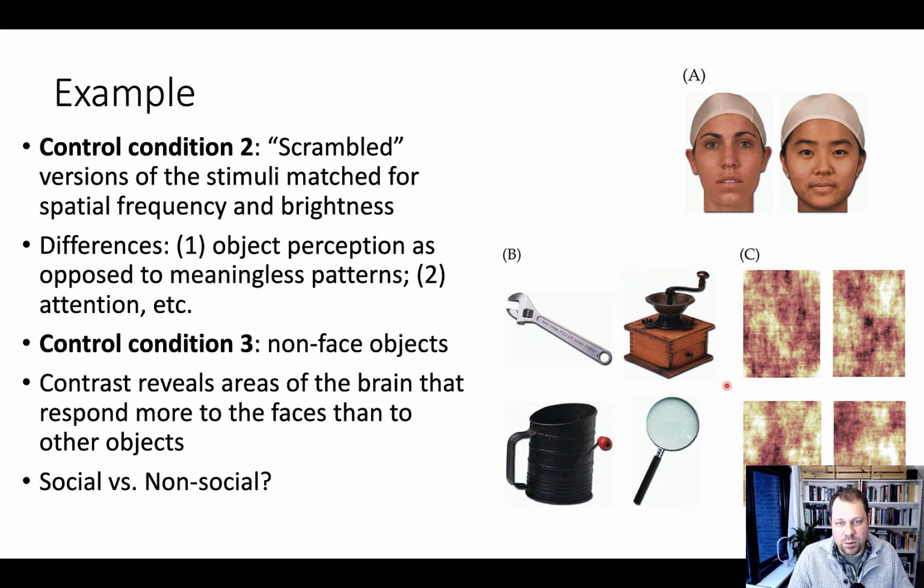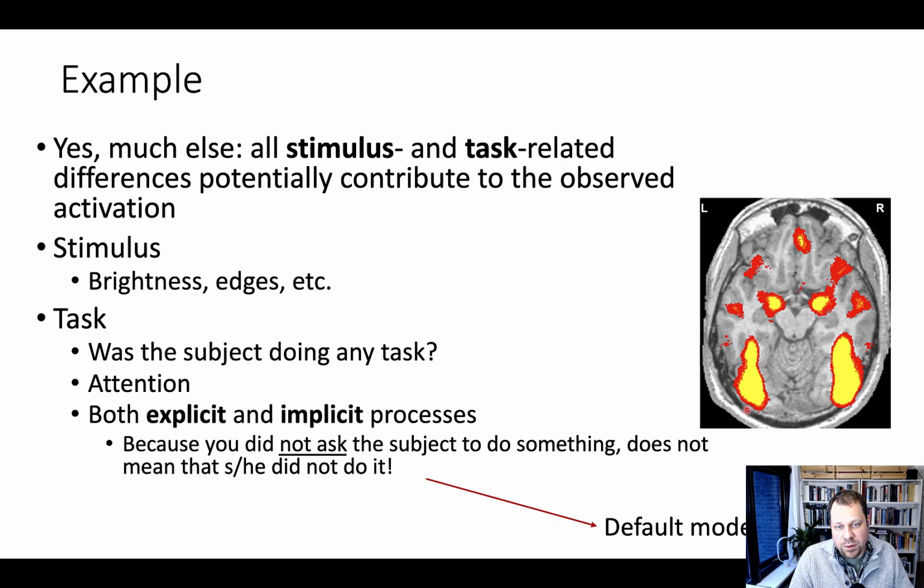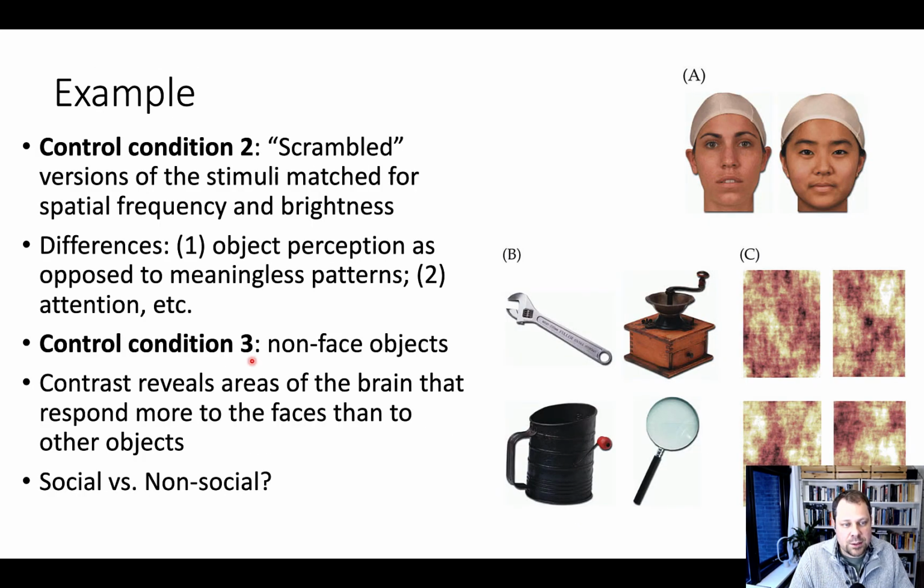So there's no true task that you can perform on these types of stimuli, at least not something that comes to mind quite easily. So that's also not a very good control condition. At least, however, it controls for the visual aspects of the activation. So you would get rid of the visual activation here that's not related specifically to face perception.